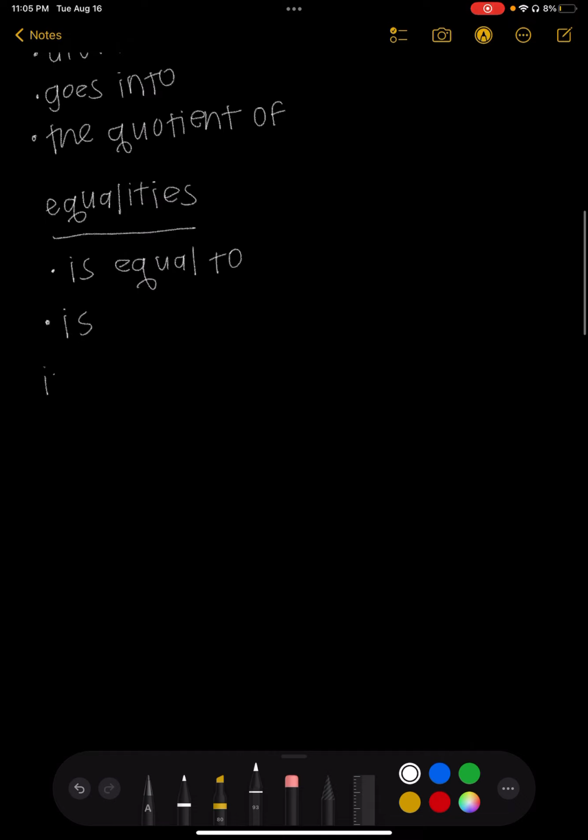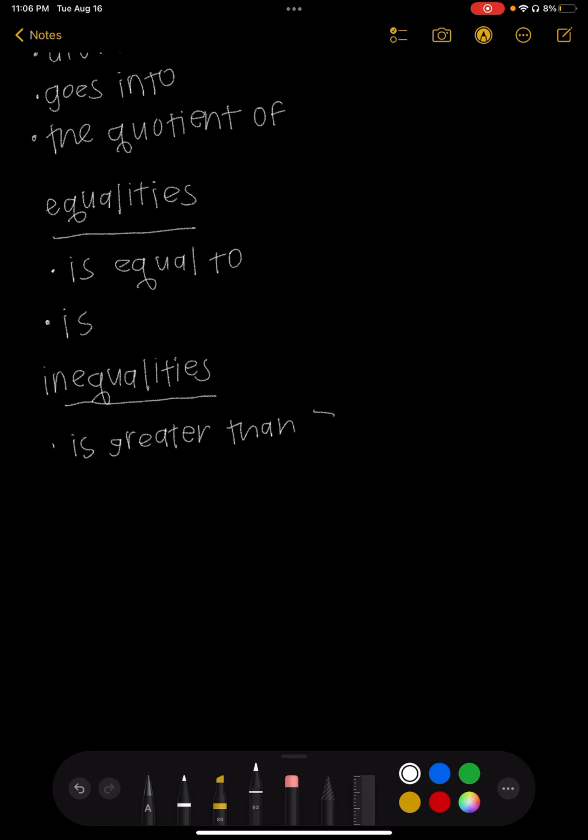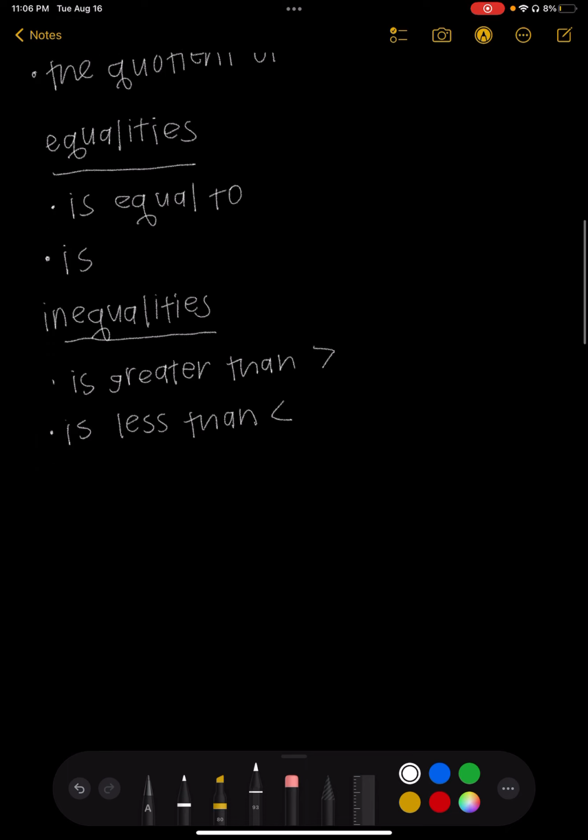And then let's do inequalities. For inequalities, if it's is greater than, that would be this sign. If it's is less than, it would be this sign.